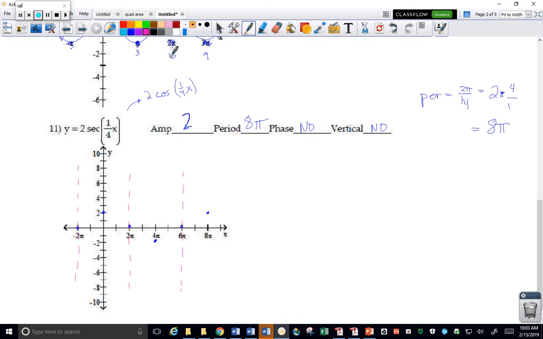So to actually sketch the graph, wherever cosine has a maximum, we're going to draw a parabola looking thing. Okay, a little bit wider than normal because it has a very wide period. So sketch them all, trying to stay in between your asymptotes as much as possible. And this one's going to come over here like that, and it's going to continue on and on forever.